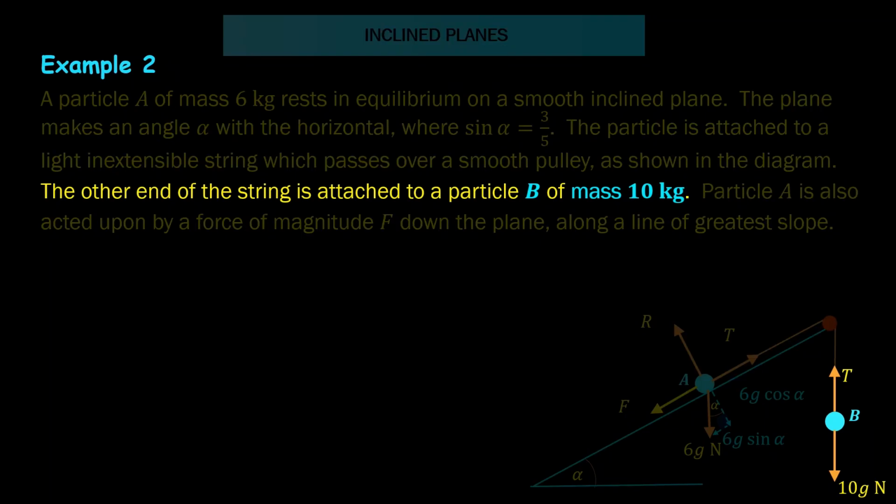We have the other end of the string attached to a particle B of mass 10 kilograms, and therefore the weight on this particle is 10g newtons.